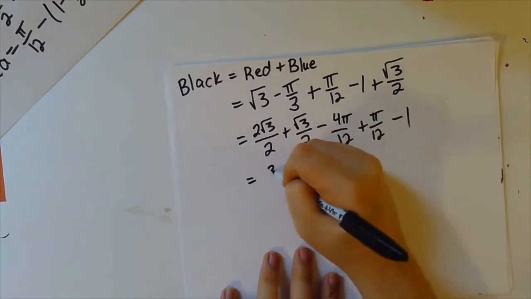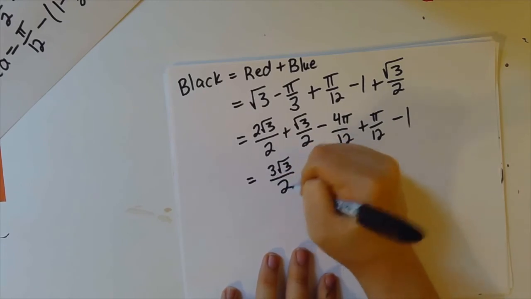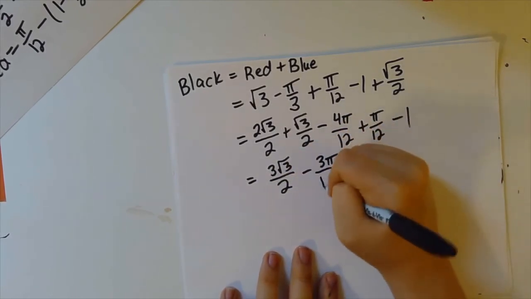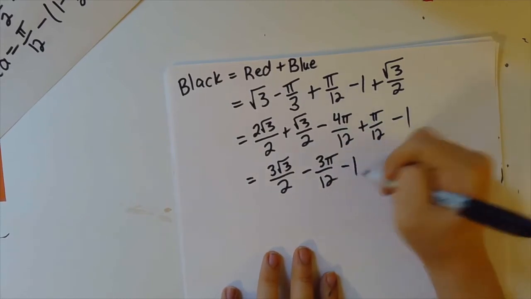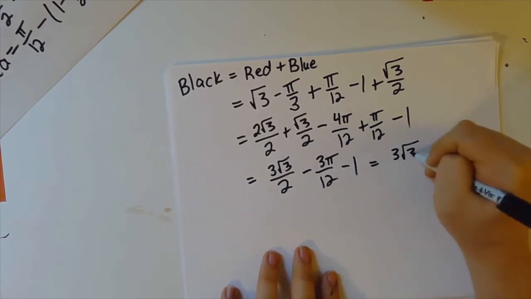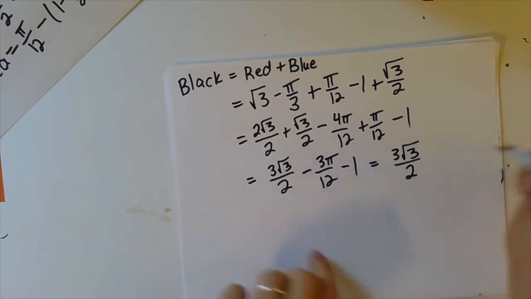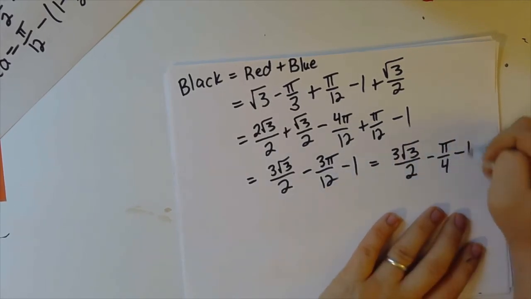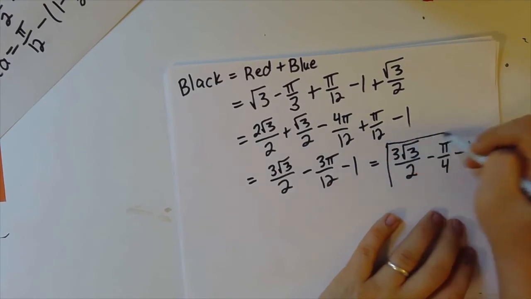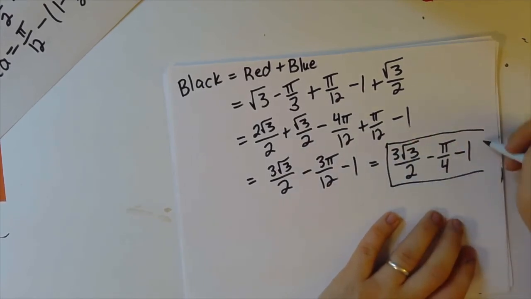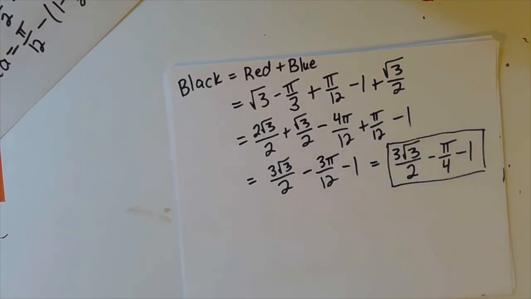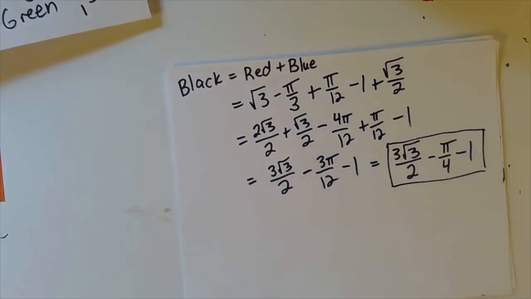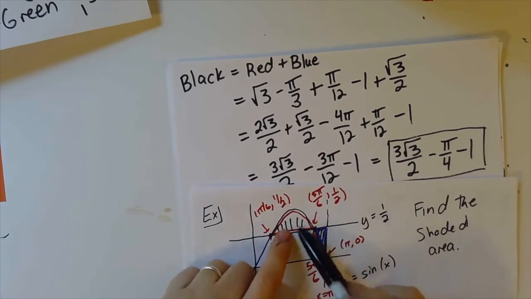Okay, so this is 3 root 3 over 2. This is minus 3 pi over 12 minus 1, 3 root 3 over 2 minus pi over 4 minus 1. And that is our answer at last for the area that was shaded in our original question. That is the total black area there.